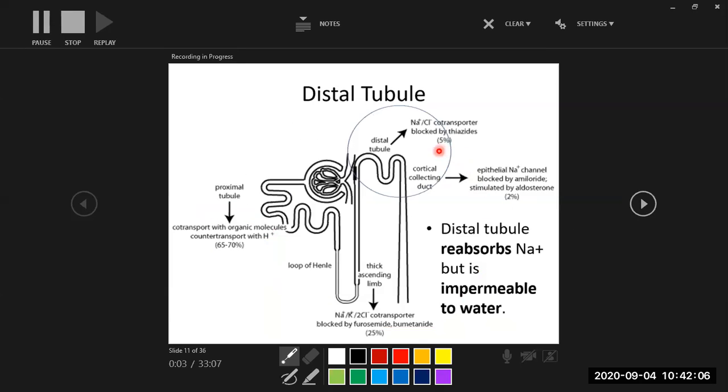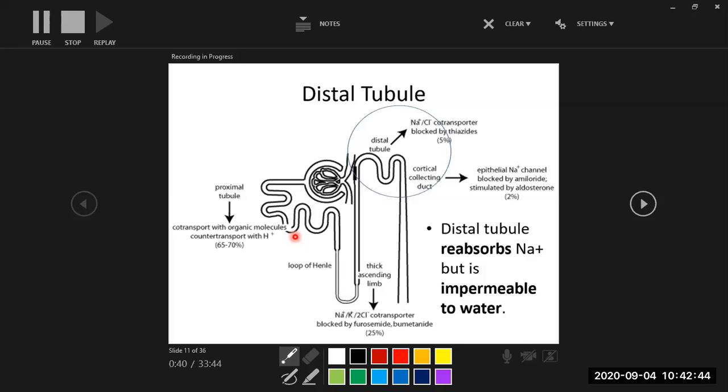So this figure summarizes the sodium reabsorption in our body, right? Here in the proximal convoluted tubule, we absorb about 2/3 of the sodium. This sodium reabsorption is co-transport. Most of them are co-transported with organic molecules, glucose, amino acids, and in the basolateral side, it's always sodium potassium ATPase.